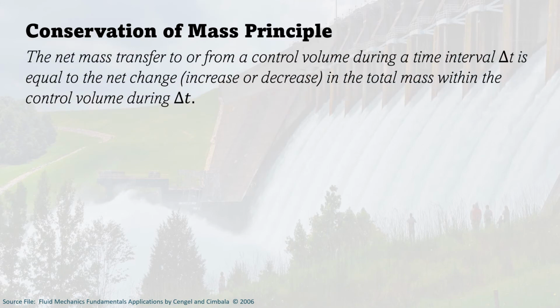It is stated as: the net mass transfer to or from a control volume during a time interval is equal to the net change, whether increase or decrease, in the total mass within the control volume during the time interval. So in equation form, the mass in minus mass out is equal to the change in the mass in that control volume. The unit is kilogram because it doesn't have a dot.